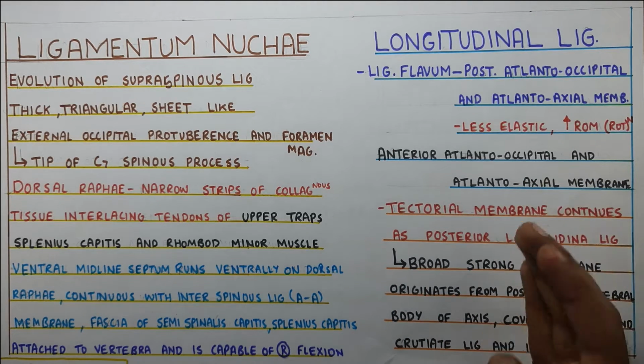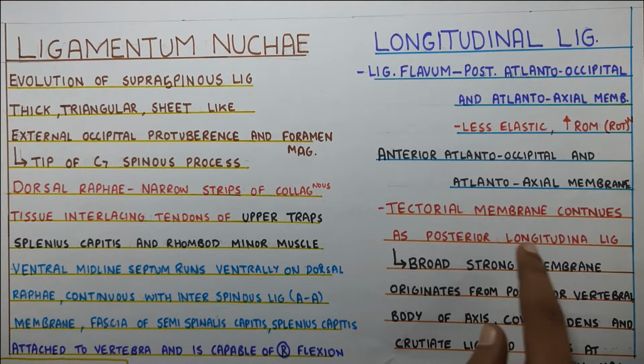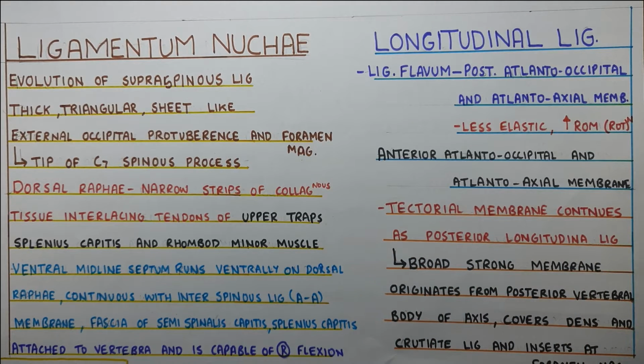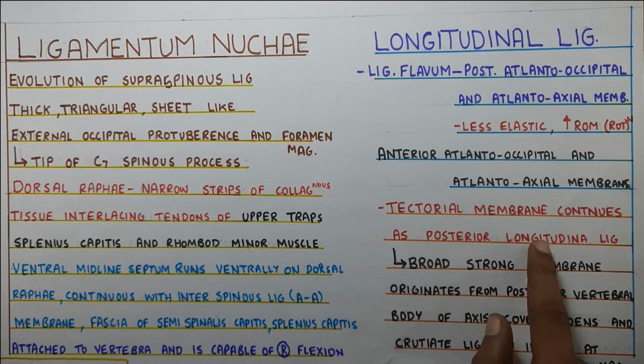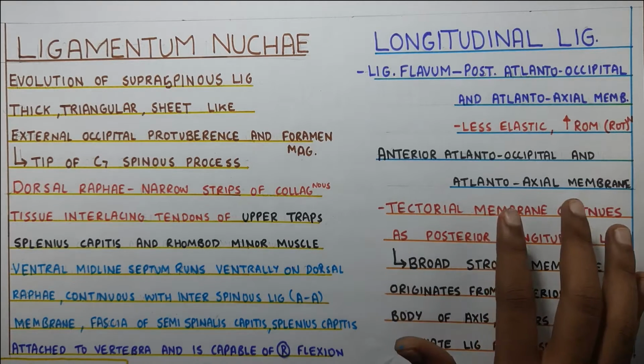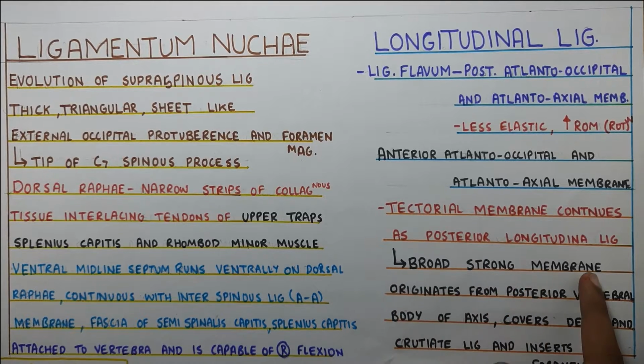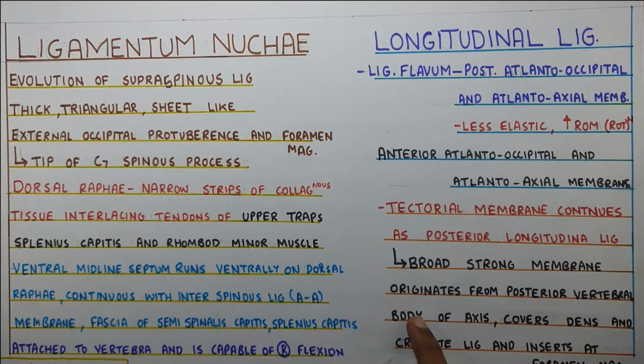Then the next one is the tectorial membrane, which continues as the posterior longitudinal ligament. If you can remember, or just go back and watch the video again, the posterior longitudinal ligament in the cervical region was called the tectorial membrane, right? It is a broad and strong membrane which originates from the posterior vertebral body of the axis and covers the dens and cruciate ligaments.